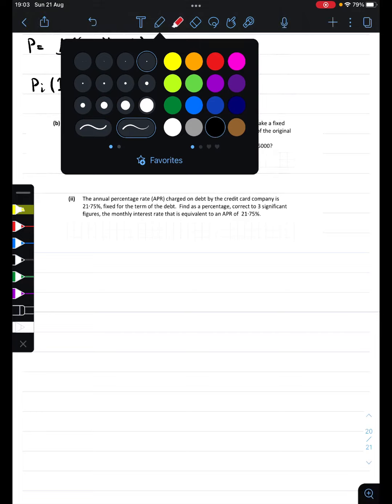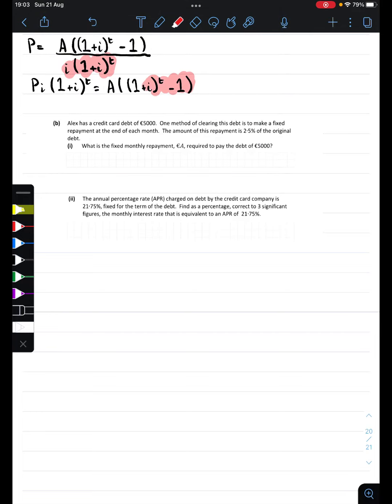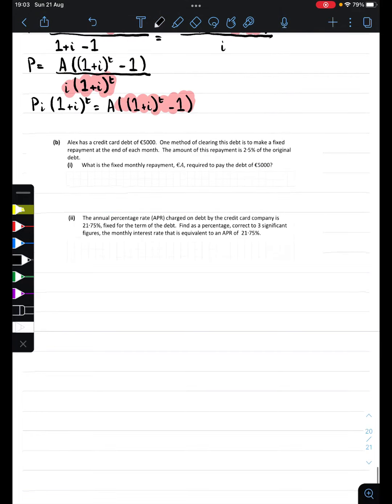And now we'll divide both sides by this term, and we get a equals p times I times 1 plus I to the power of t all over 1 plus I to the power of t minus 1.